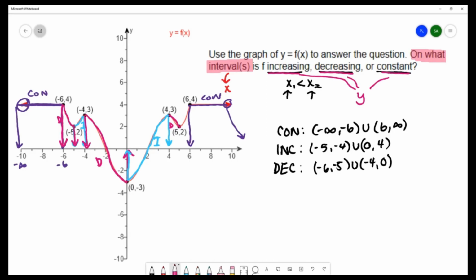And we have another one which starts at 4 and continues on to 5. And I apologize, I've just noticed that I left off an increasing interval. So you can see this little section right here I left off. So there's one more increasing interval which starts at 5 and stops at 6.